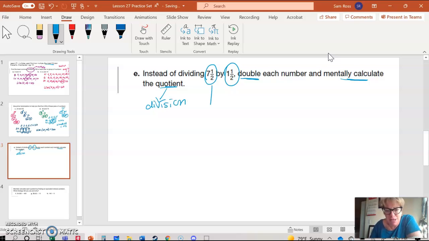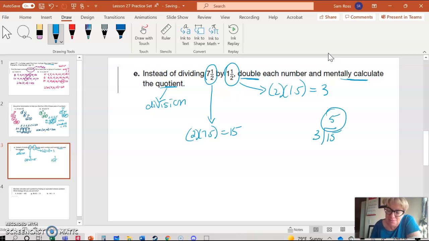If I double this, 2 times 7.5, I get 15. And if I double this, 2 times 1.5, I get 3. 3 goes into 15 5 times.